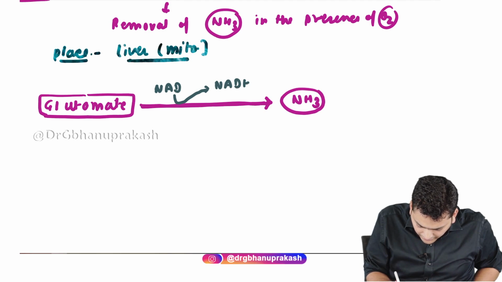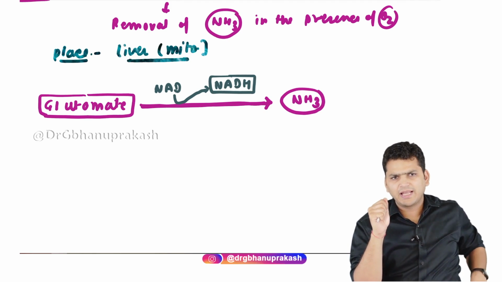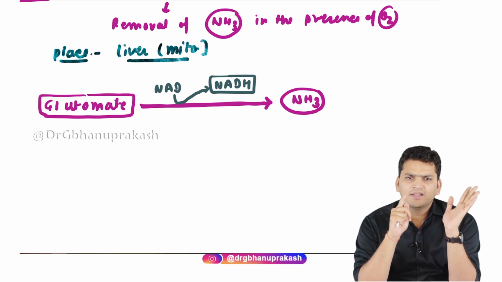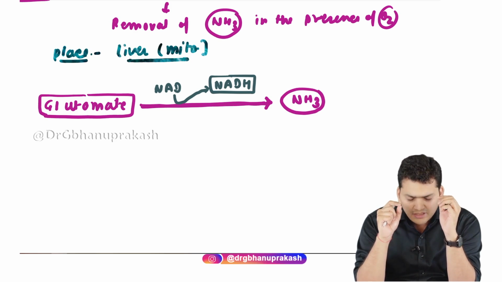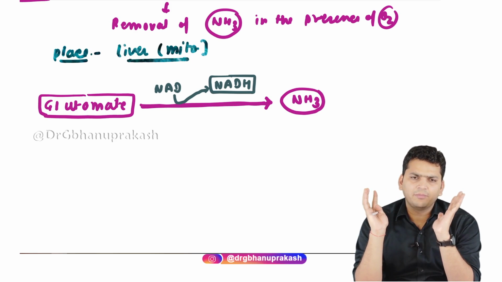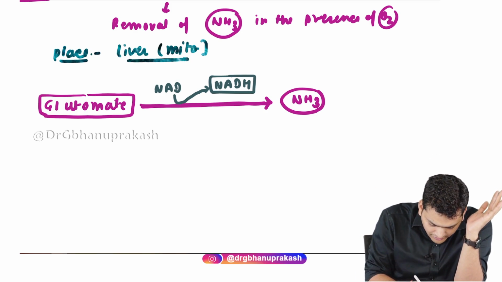Now, keep this one point in mind. This is one of the thumb rules for biochemistry: whenever there is an NAD, NADH reaction, the name of the enzyme is dehydrogenase. So the enzyme here is glutamate dehydrogenase.